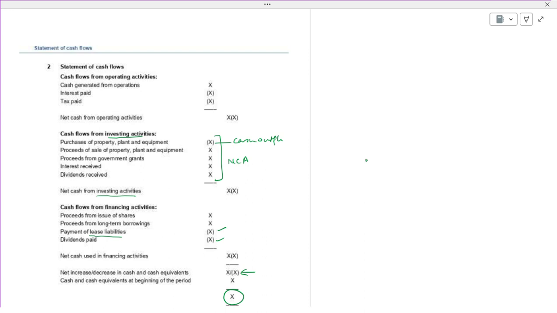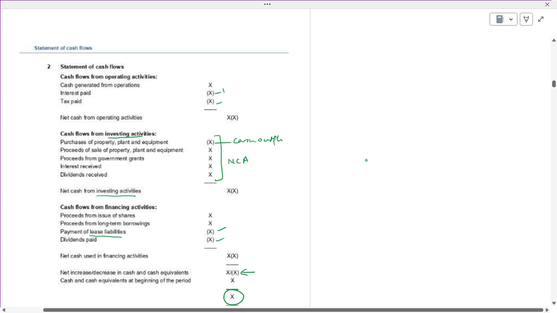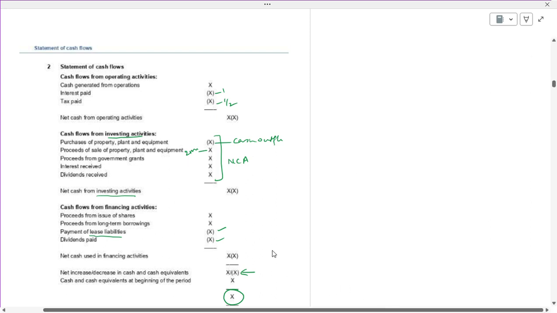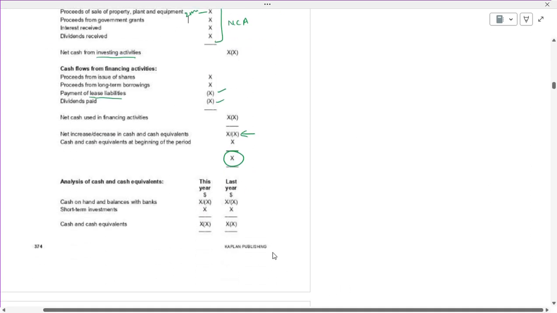Assume for this step they will have 1 mark, this step half a mark, this step 2 marks, like that. This applies for section A, section C, question 1 and question 2 also. This is where we are going to calculate the cash flow statements. Are you clear about this?